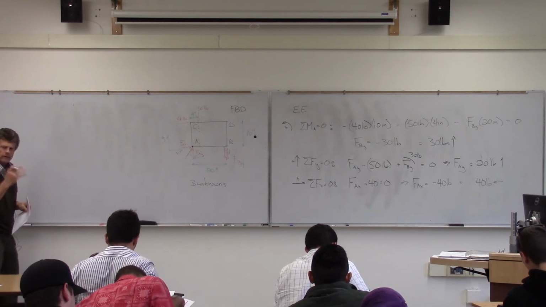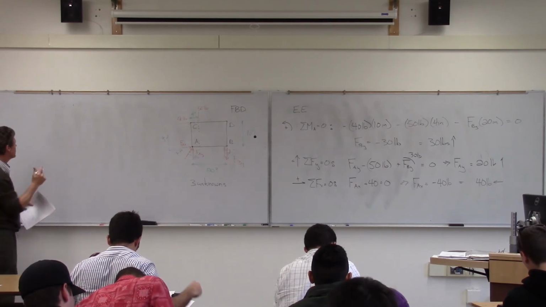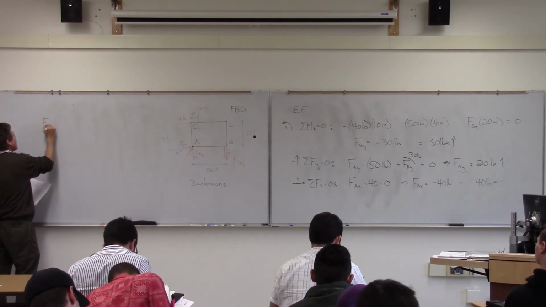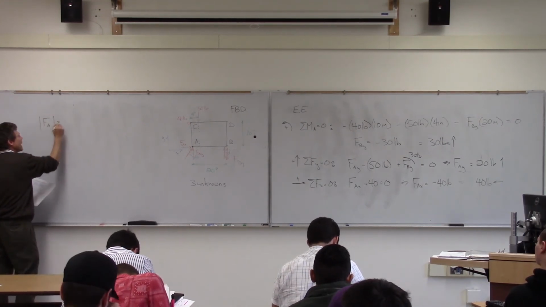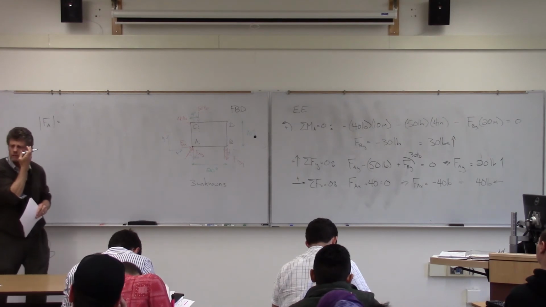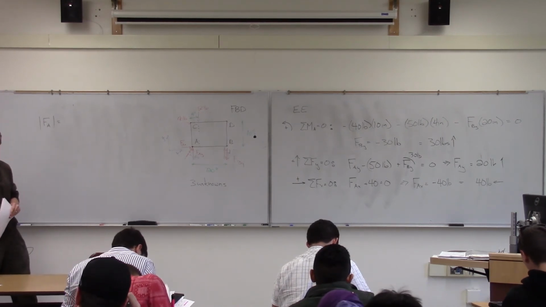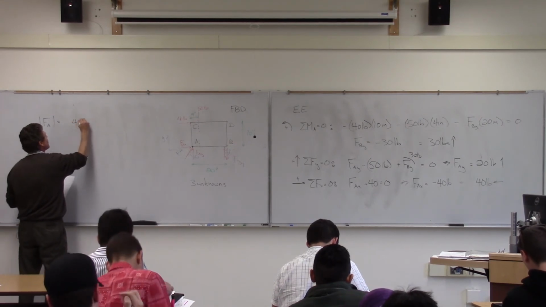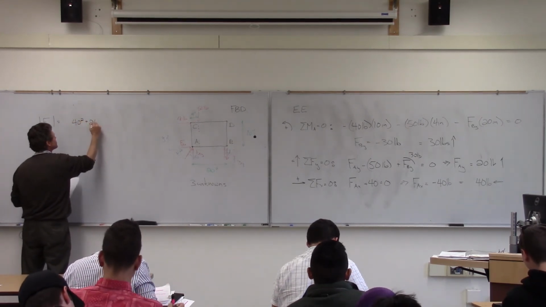And then at this point in time, if we're designing our pin and that sort of thing, we might be interested in the magnitude, because we're going to design the pin for the force. The pin doesn't care which way the force is going. It's going to be interested in how big is it. So again, we just use our Pythagorean theorem.